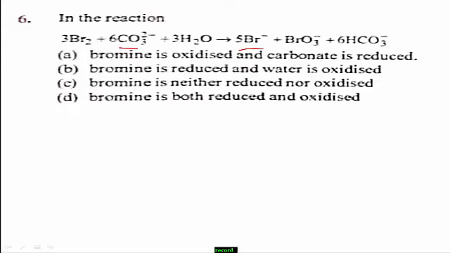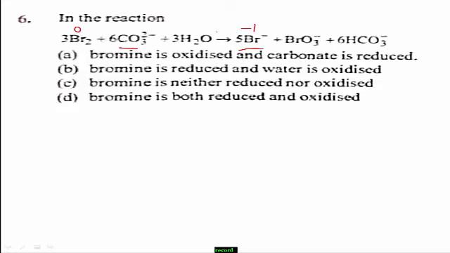Students, the oxidation state of bromine decreases from 0 to -1, because Br2 is the molecular form, so it is 0, and in Br- the oxidation state is -1. Therefore, the oxidation number of bromine decreases from 0 to -1, so bromine is reduced.